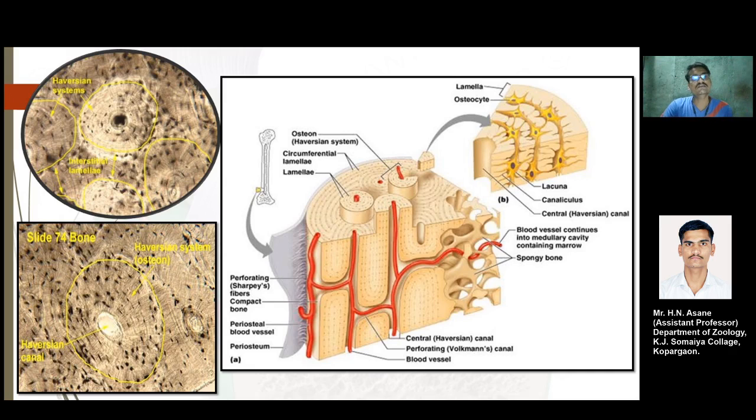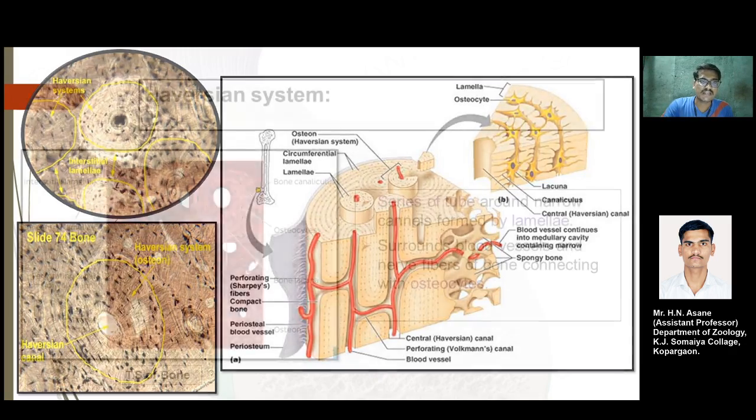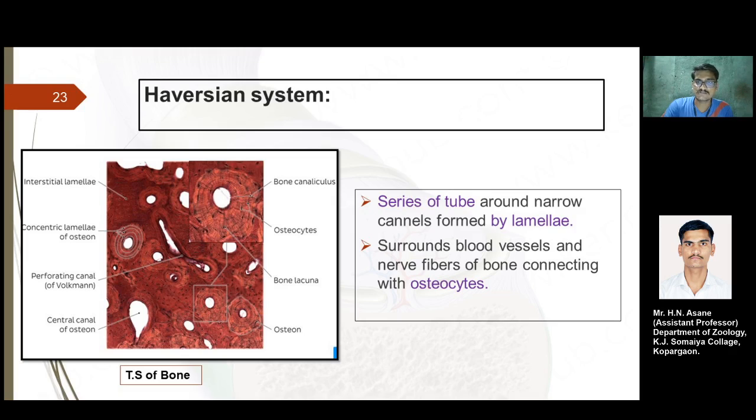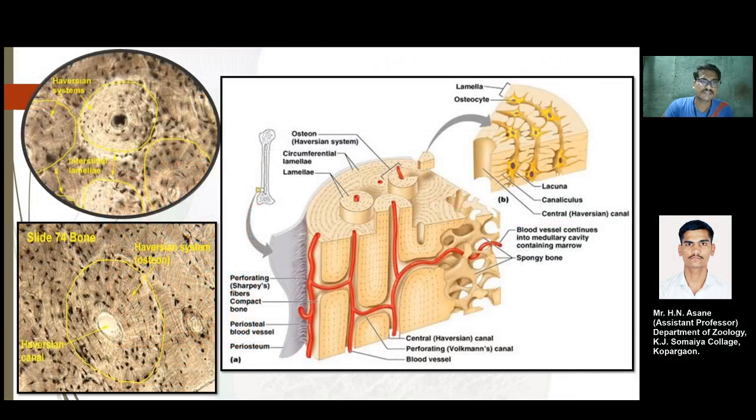As you can see in the first round structure slide, there are many Haversian systems in one transverse section of the bone. In between all the Haversian systems there is the interstitial lamellae. Interstitial lamellae are the supporting lamellae of the Haversian canals.